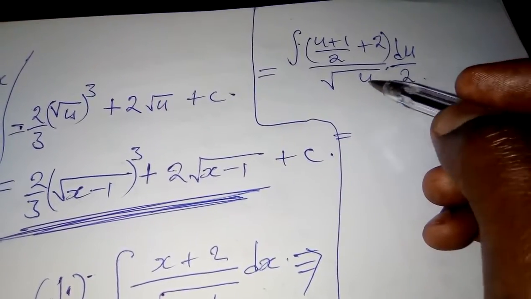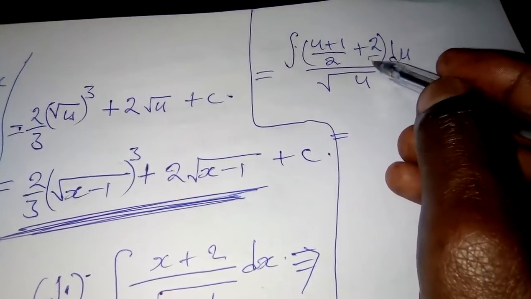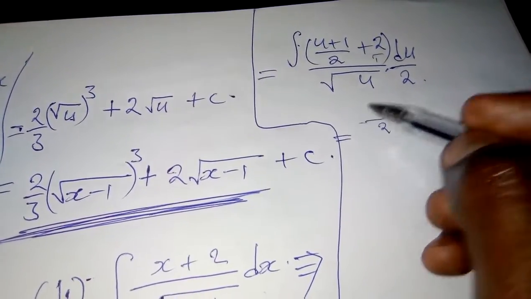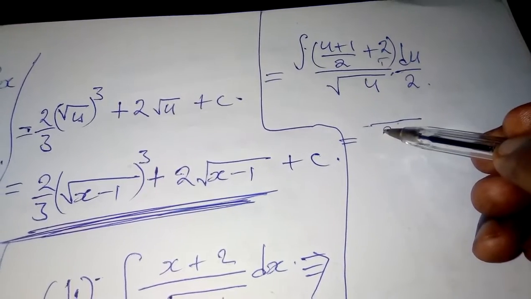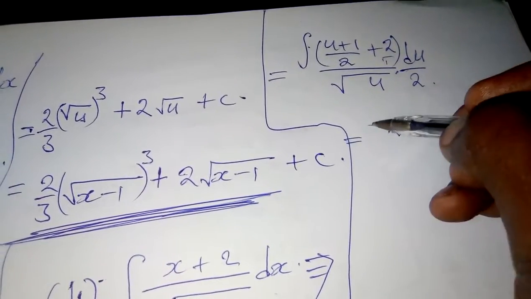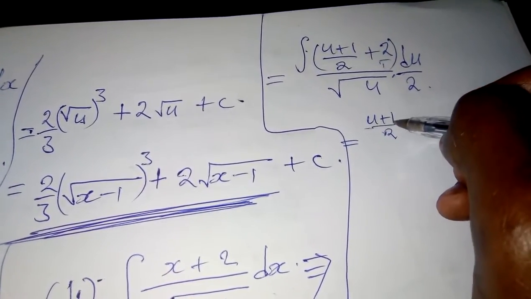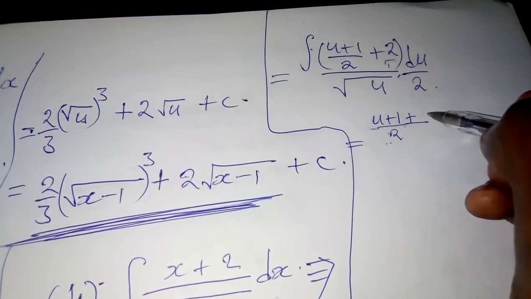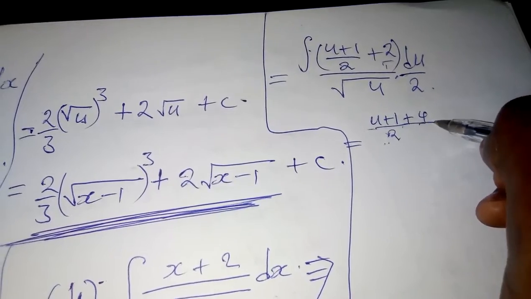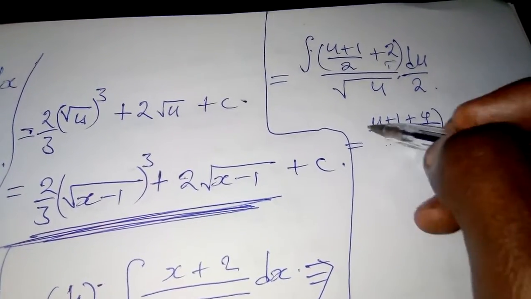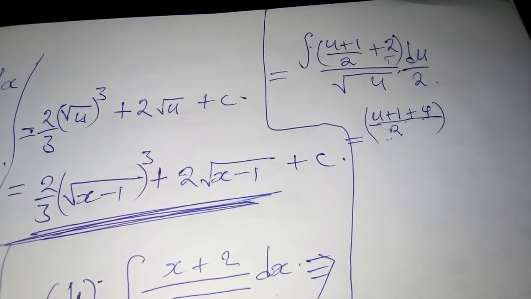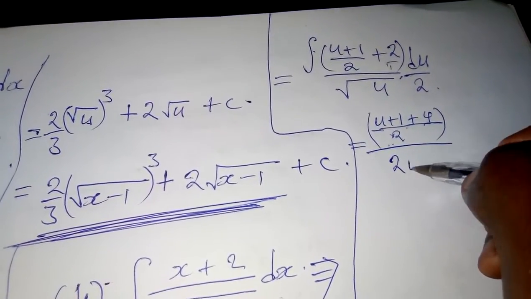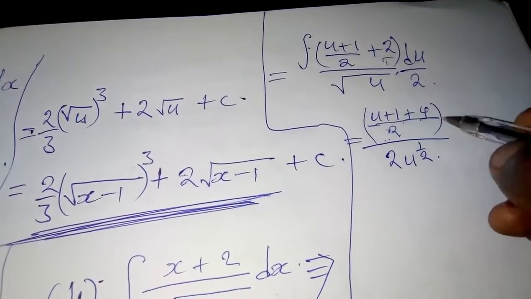When you find the common denominator there, you discover that the common denominator will be 2, and then on the numerator, this 2 into 2, you're going to have 1 times u plus 1 to be u plus 1, then 1 into 2 is going to be 2, 2 times 2 there will be plus 4 like that, over 2, and of course this is going to be divided by 2u to the power half.